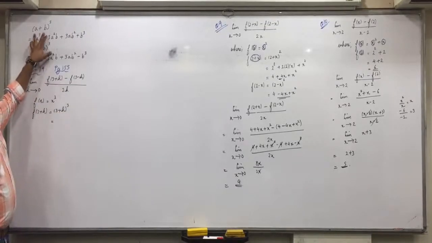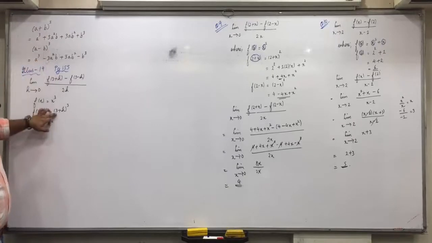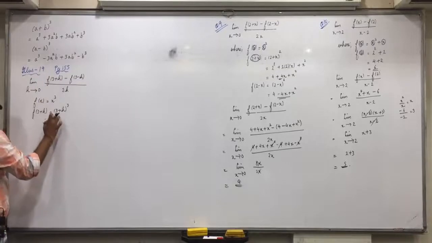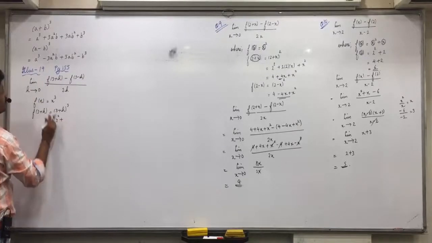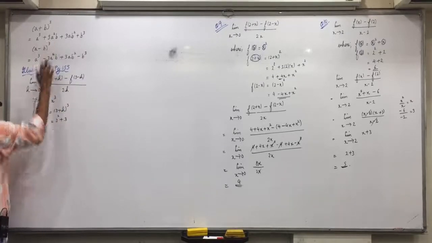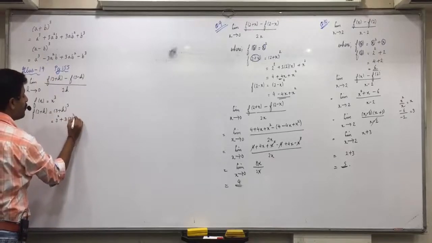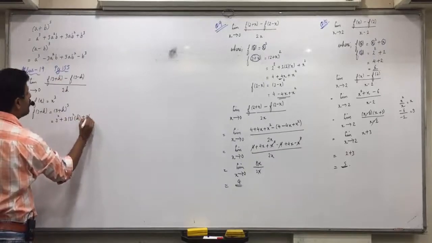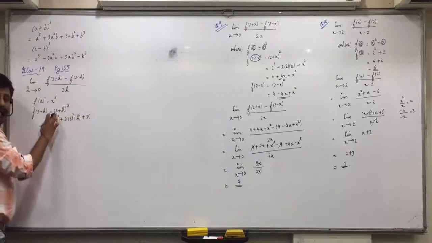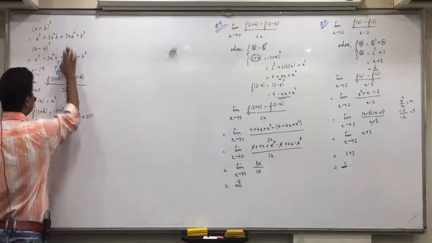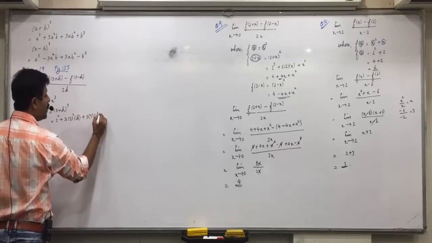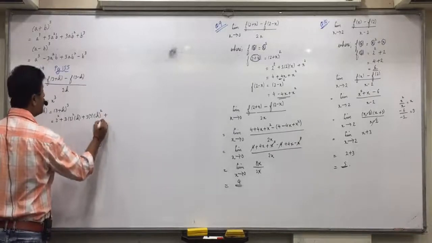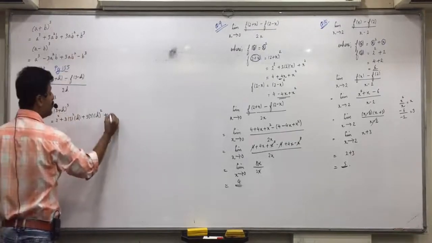Now we'll apply this formula, (a+b) whole cube. In place of a we have 3, in place of b we have h. a cube means 3 cube, plus 3 a square b, so 3 square times h, plus 3 a b square, so 3 times 3 into h square, plus b cube, which is h cube.